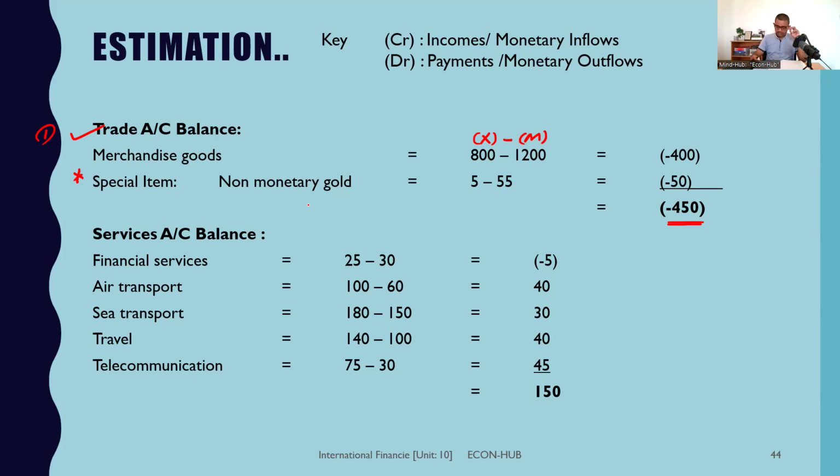Air transport, 100 minus 60. Sea transport, 180 minus 50. Travel, 140 minus 100. Telecommunication, 75 minus 30. So these are the individual items brought into the services account. The total is a surplus of 150. Are we okay?